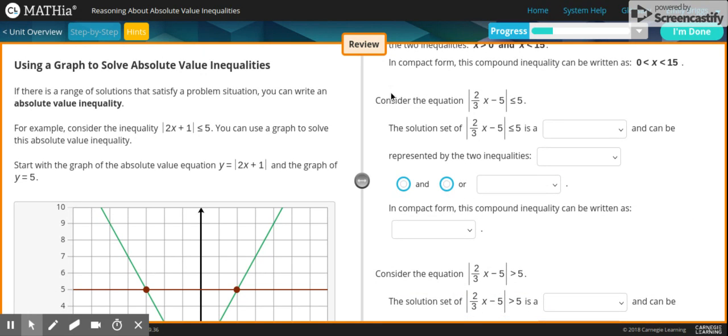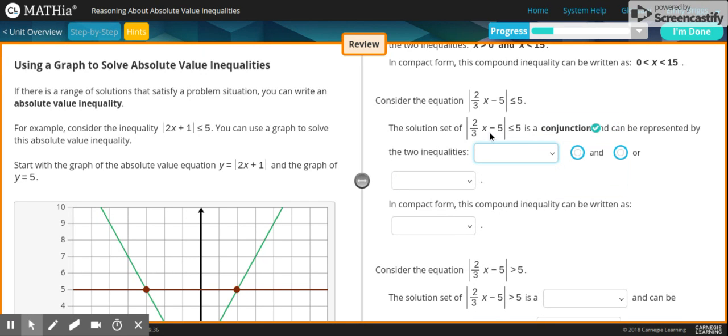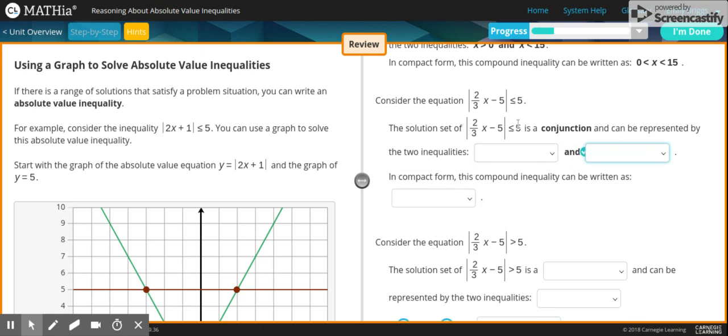Then we consider this equation, the same one except with a different sign, and it is a conjunction because it has this arrow going this way, or the mouth is going that way. Then the two inequalities, if we know it's a conjunction, we can use the word and.